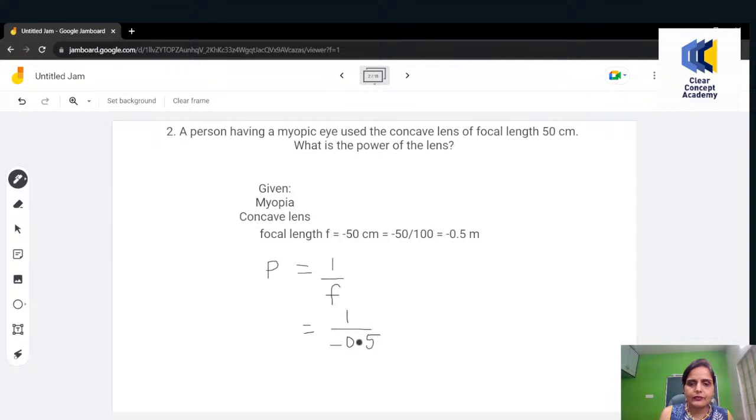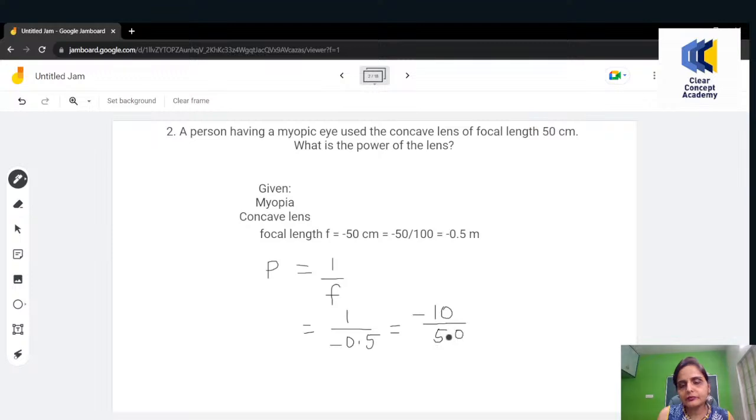As I mentioned earlier, whenever you have a decimal number at the denominator, you eliminate or adjust that decimal number. So I'm going to move that decimal point to the right. The number of places I shift the decimal point to the right, those many zeros I add to the numerator. So I'm going to shift the decimal point 1 place to the right.